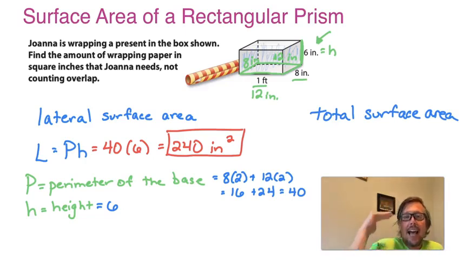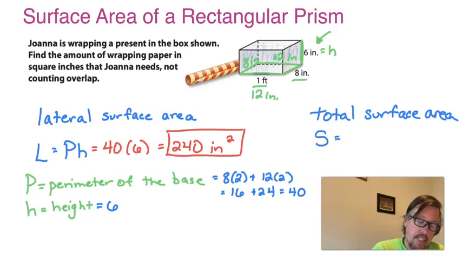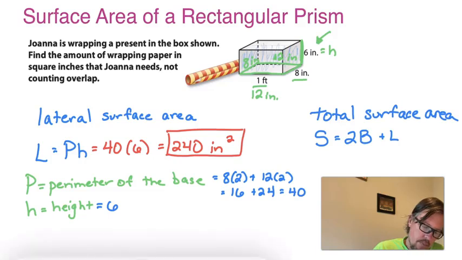I now need to just add the top and the bottom. Well, the top and the bottom are both rectangles. So the total surface area means get the top and the bottom. So 2 times, we're going to say big B for area of the base, plus the lateral surface area.